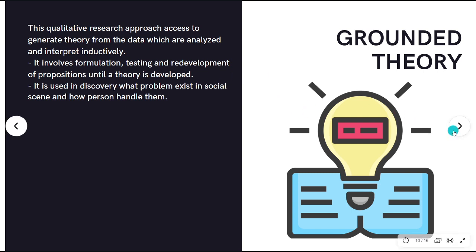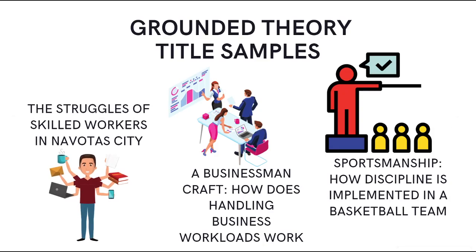Para mas maintindihan natin, kasi medyo magulo si grounded theory, let's try to identify some grounded theory title samples. If you're going to take a look at the titles, this can also be case study. Case study in a sense na problem specific sila. For example, The struggles of skilled workers in Navotas City.